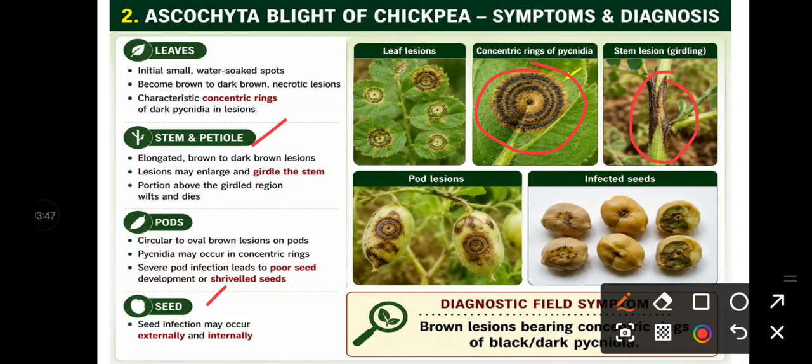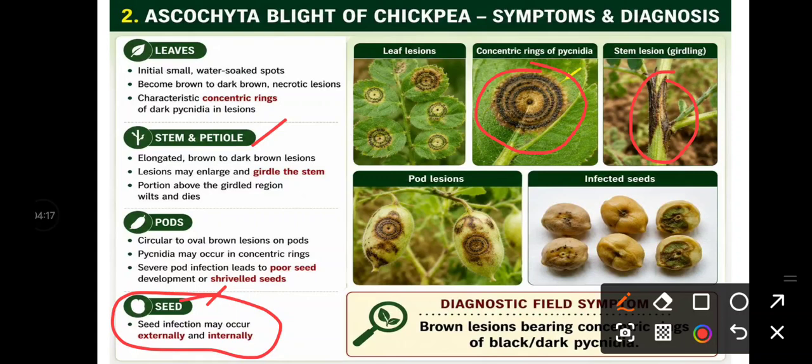And the most important thing about seed infection: Ascochyta blight is both externally as well as internally seed-borne. This is very important. Remember this. So the pathogen may reside on the seed coat or also be present in the embryo region.